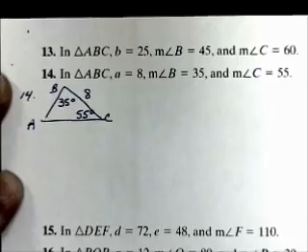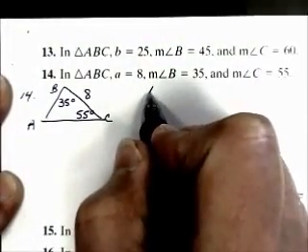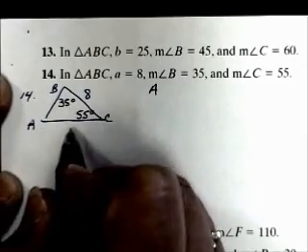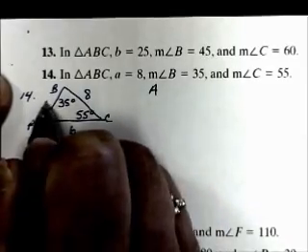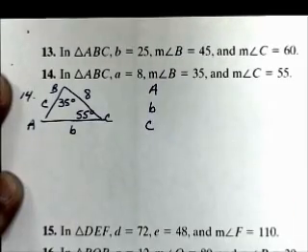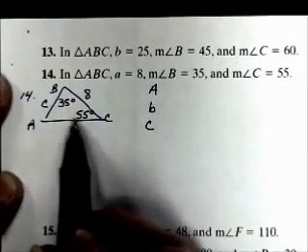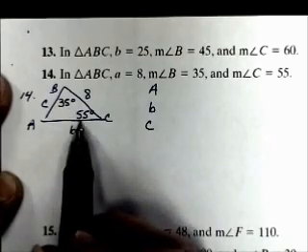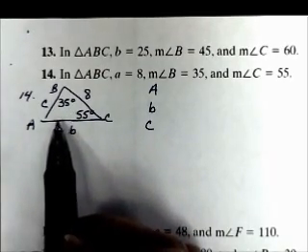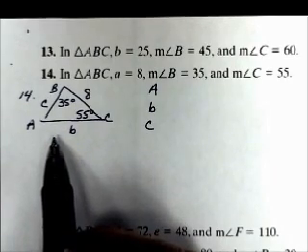Okay, so what do we need? We need angle A and lowercase b and lowercase c. Well, angle A is no problem. We know two angles of the triangle. Add them up. 55 and 35 is 90.